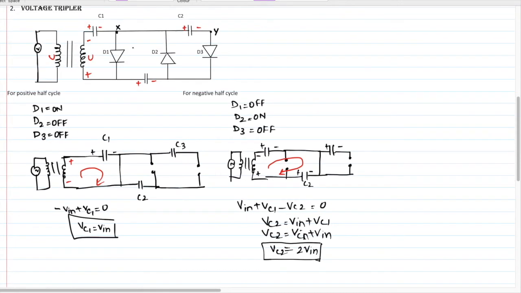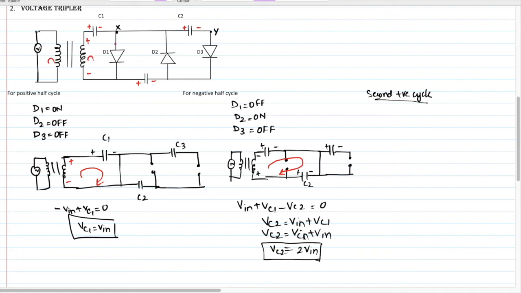Now you again apply the next positive cycle, the second positive cycle. For the second positive cycle, this is plus, this is minus.